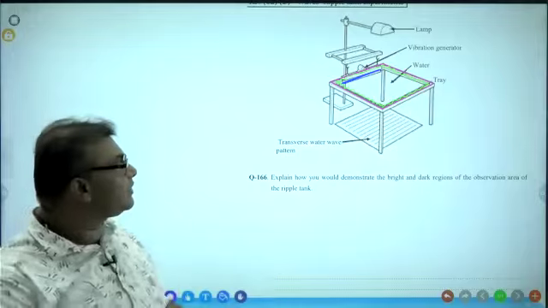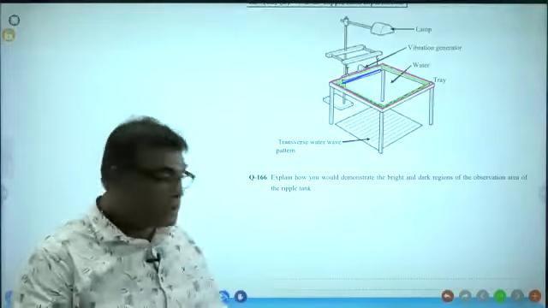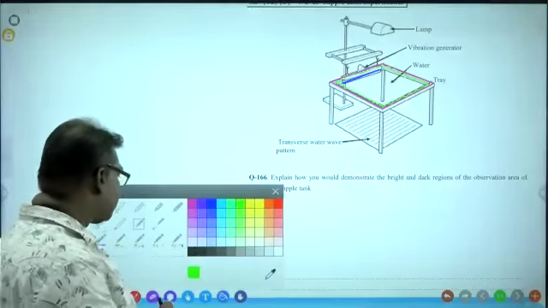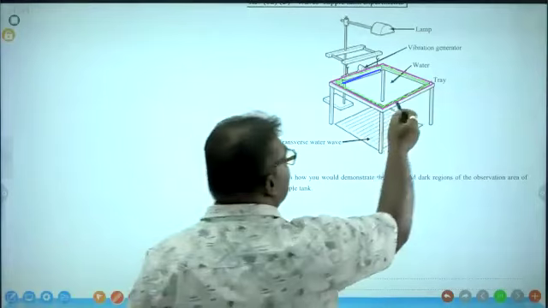To avoid reflection, we are using wire mesh. Can you label the wire mesh on your diagram? Here, this one is wire mesh.